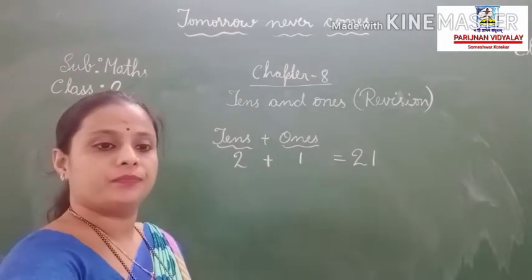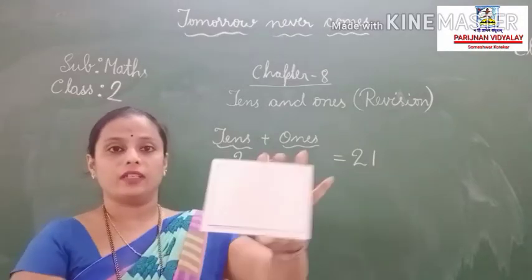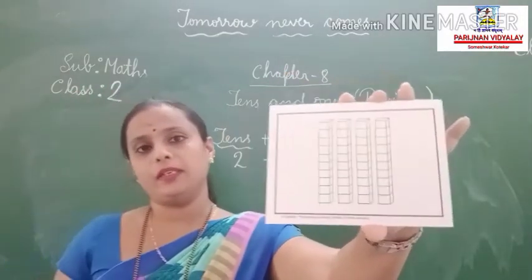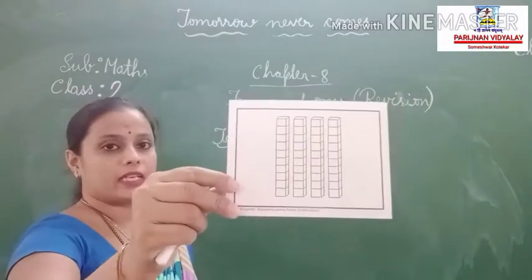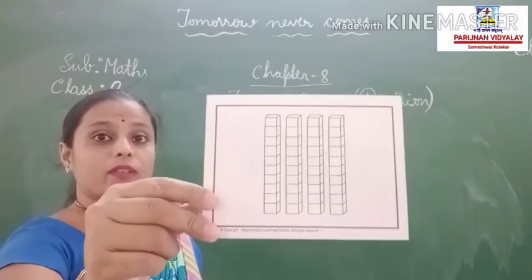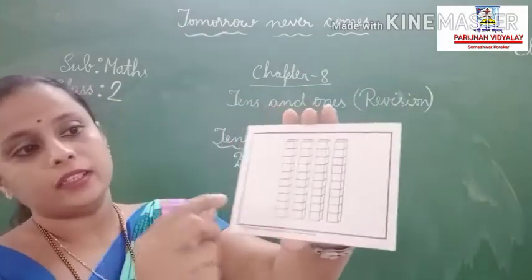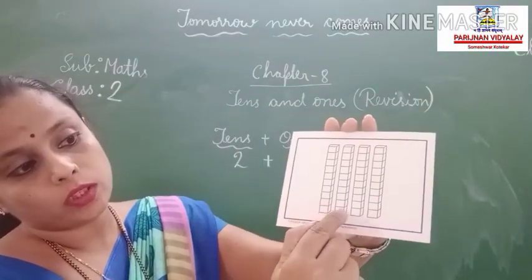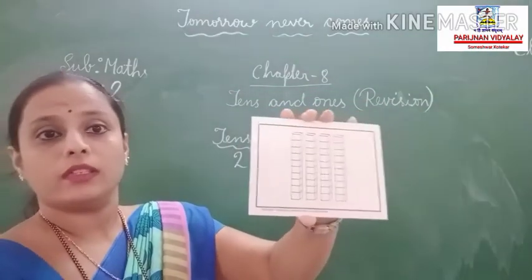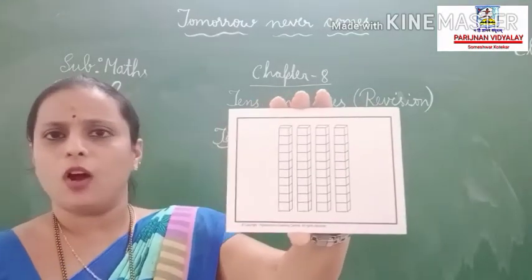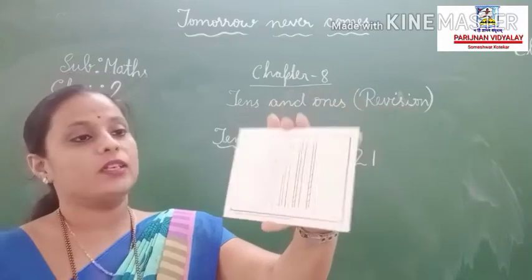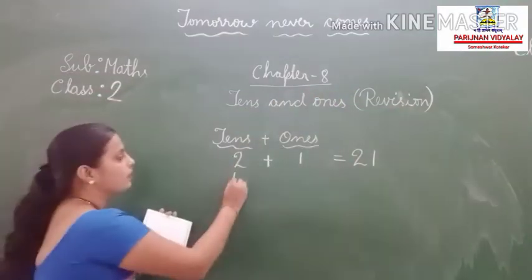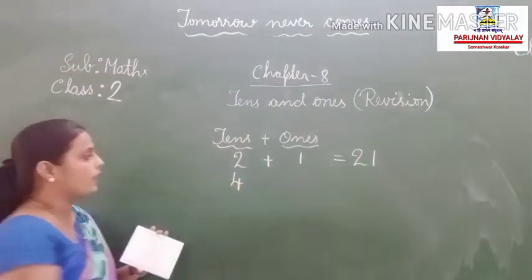Next, look at this flashcard and tell me how many tens and ones are there here. Very good. There are 4 tens, right? 1, 2, 3, 4. And how many ones?